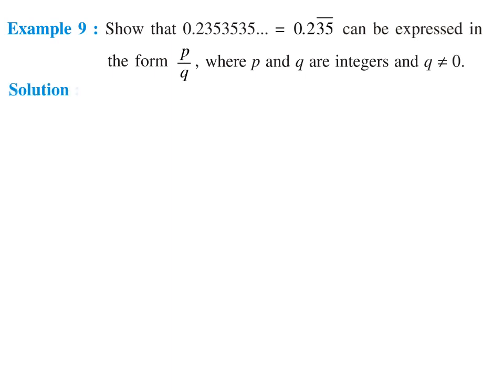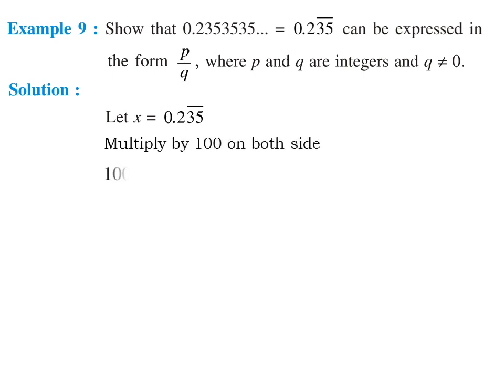So again, the solution for this question: let x equal 0.23535 bar, or you can write 0.2353535. Now which number do we have to multiply by? Here two digits are repeated, so now multiply by 100 on both sides.